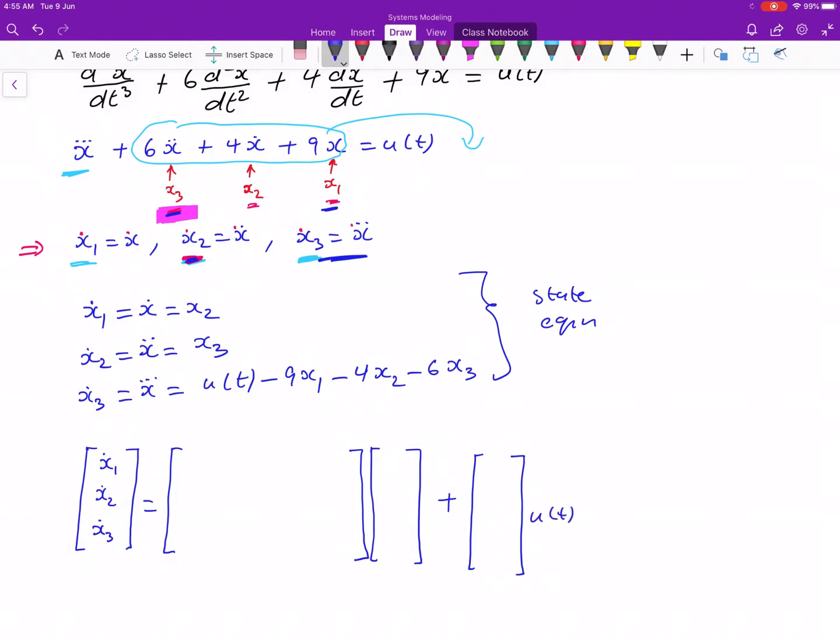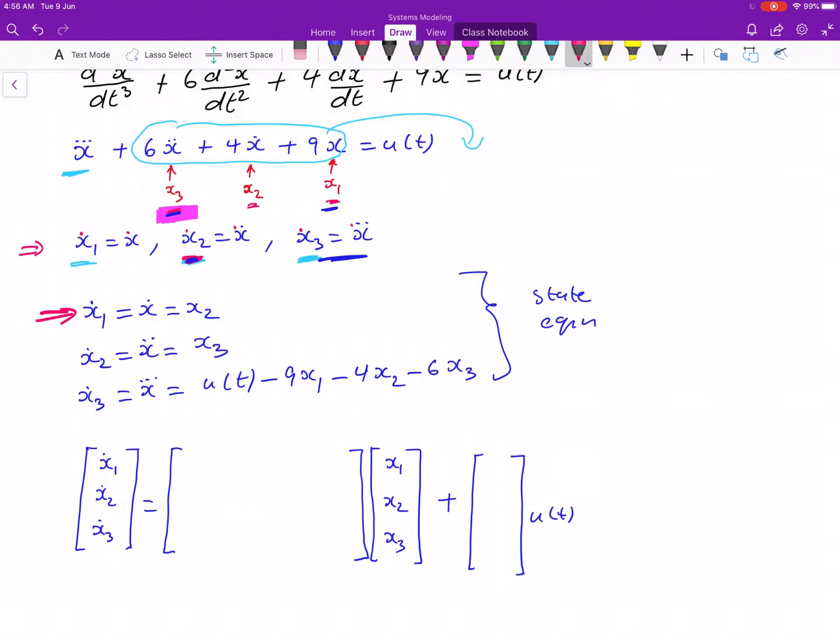Let me use a red color so that we see where things are. Let me put in our state variable first: x1, x2, x3. Looking at the first row, x1 dot is equal to x2.